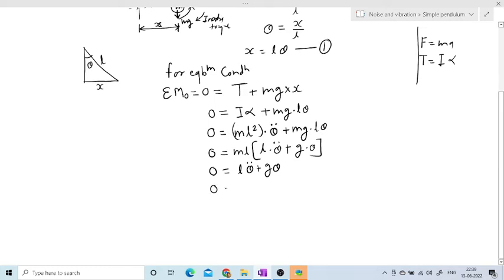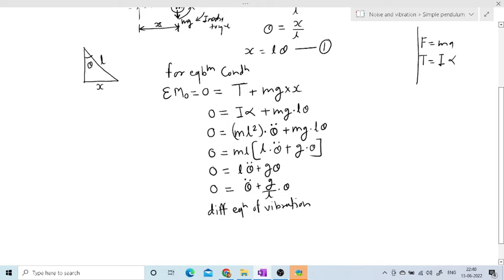So 0 divided by L is 0, and L theta double dot divided by L is theta double dot, plus g divided by L into theta. So this is the differential equation of vibration or oscillation for a simple pendulum.